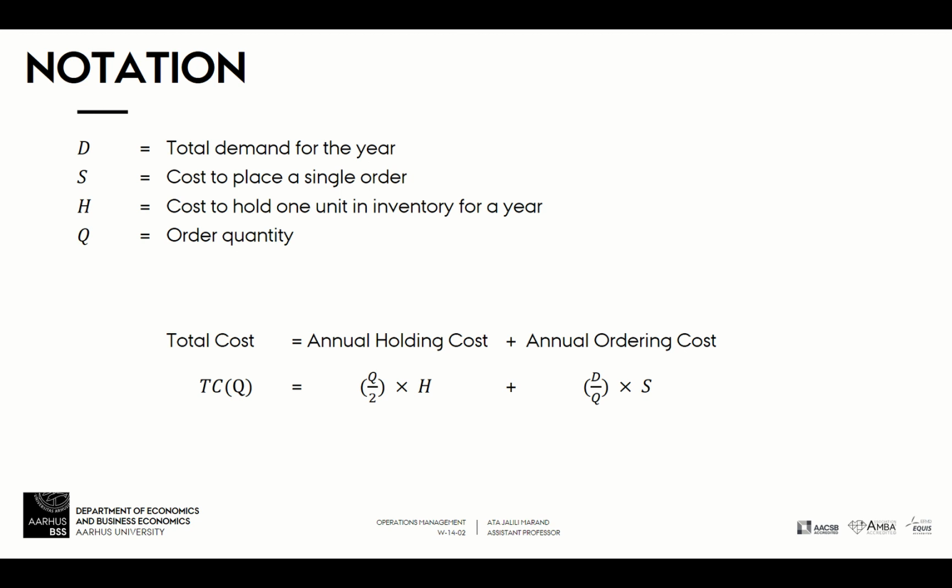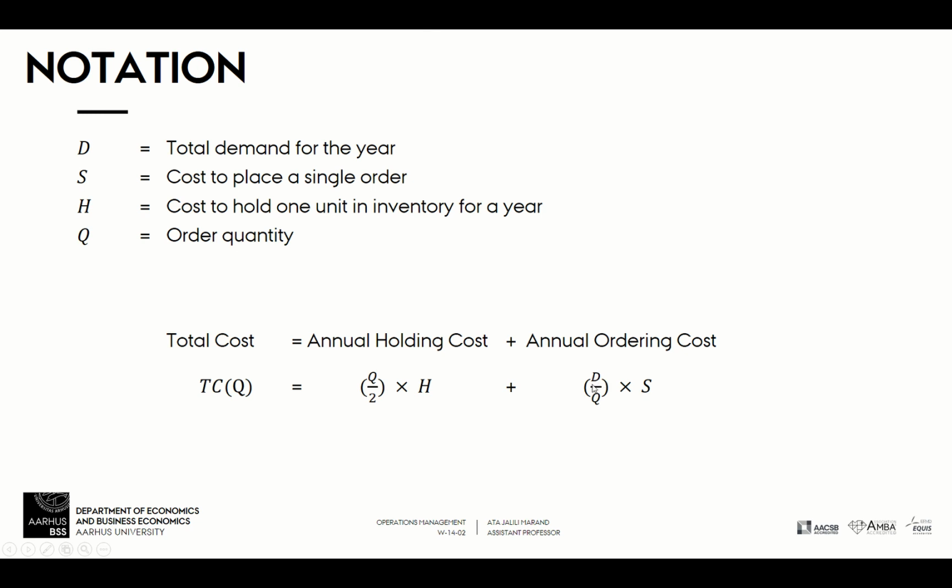We can write total cost of inventory as a function of Q. So the total cost will equal the annual holding cost plus the ordering cost. For the holding cost, we just need to multiply H, which is the inventory holding cost per unit of time, by the average inventory, which is Q over 2. And the annual ordering cost is the number of orders that we make per year.